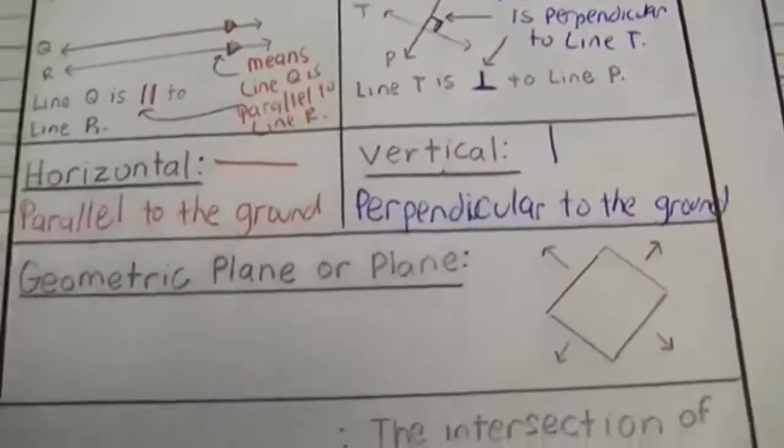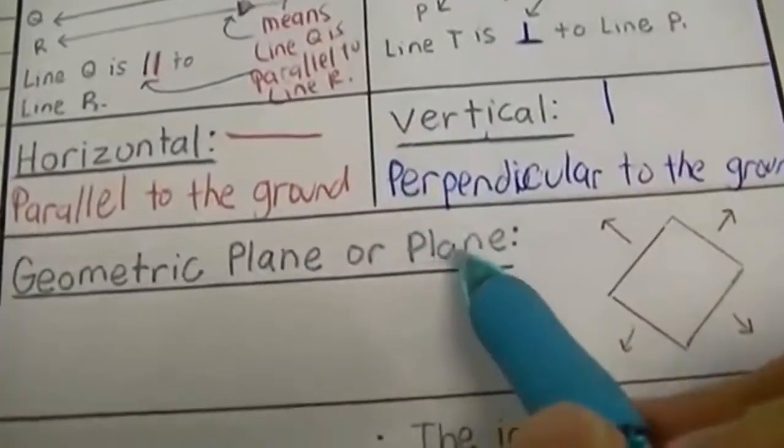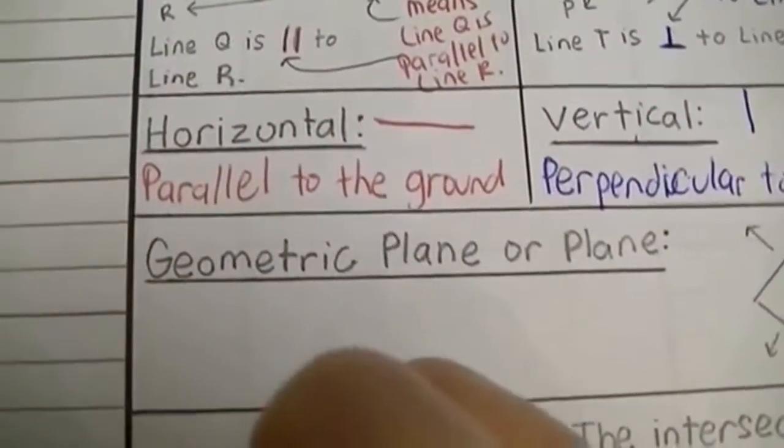All right. So a geometric plane, or just a plain old plane, is not an airplane, even though it's spelled the same way. In geometry, it's a flat two-dimensional surface that extends forever in all directions.